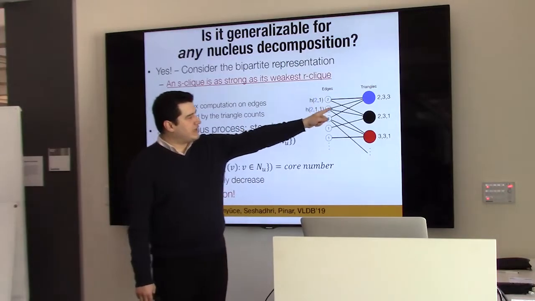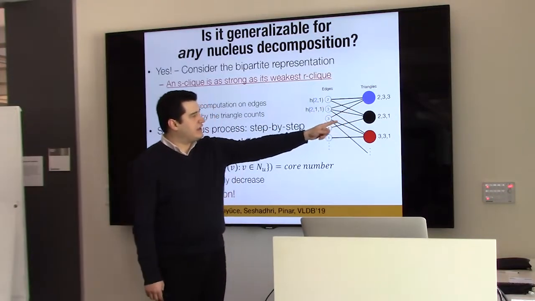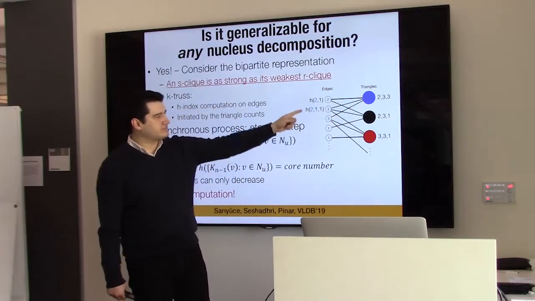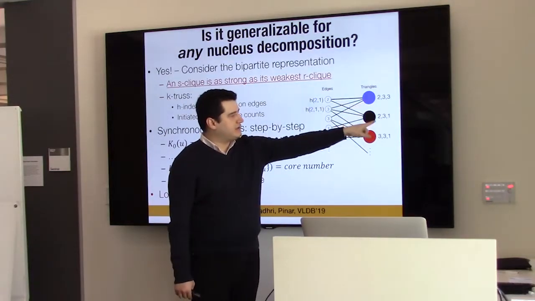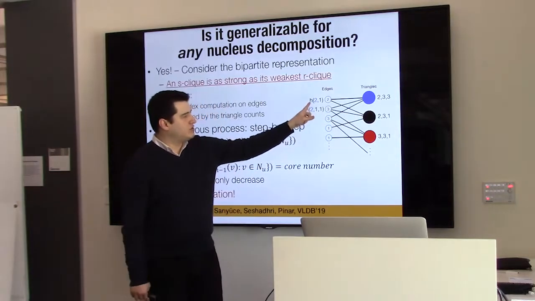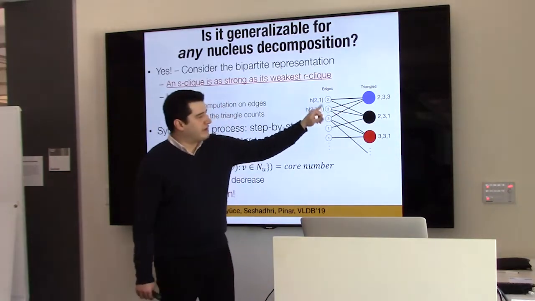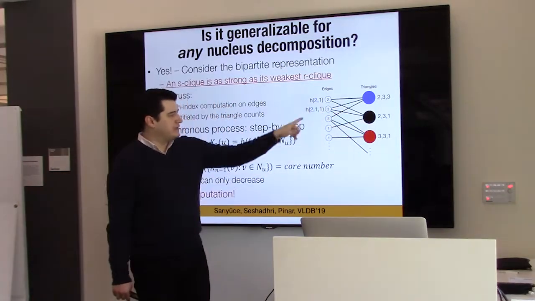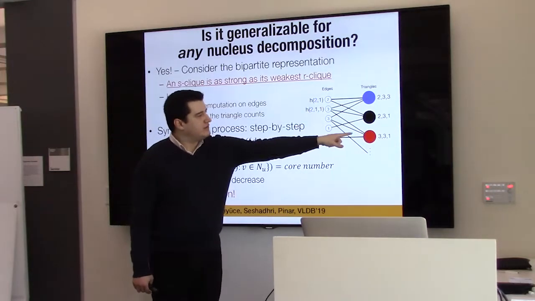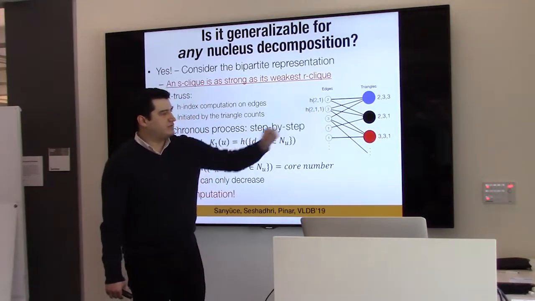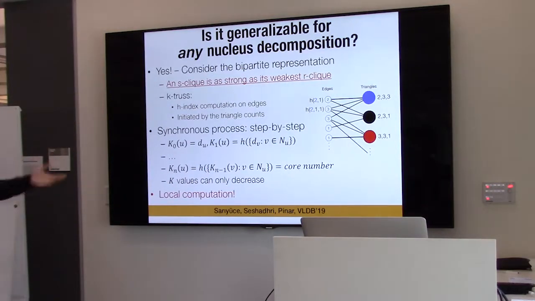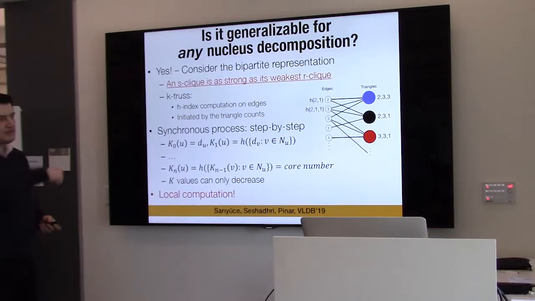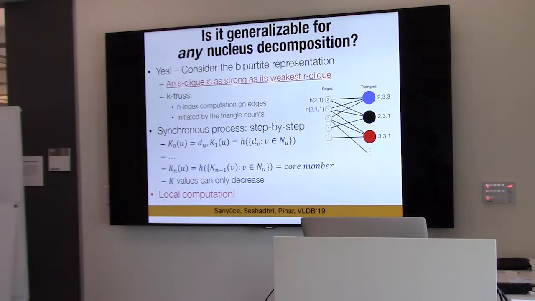And then for each vertex, you compute the H-indices of the minimum values. So you get 2 from here and 1 from here, for instance. Similarly, you get the value of 1 here to compute your H-index. If you do that, again, the intermediate values will converge to truss values after a while.